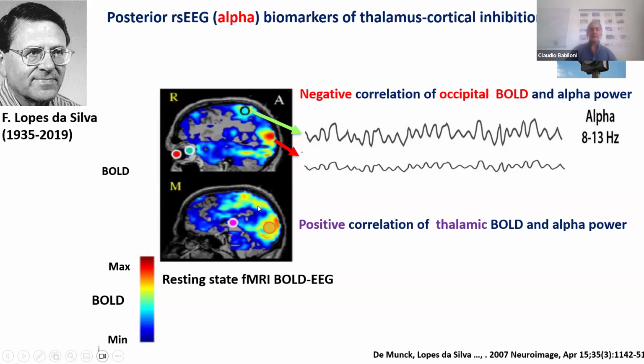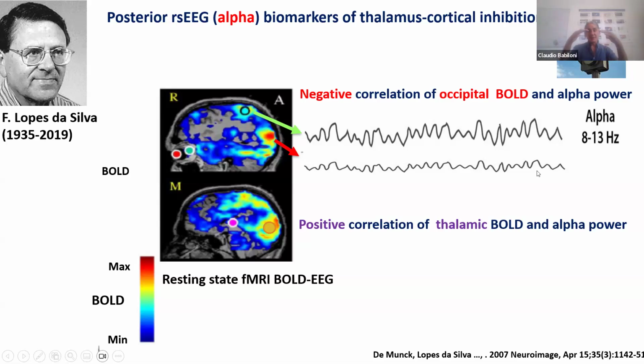And so you see that in the two slices, there is a certain activity of the posterior visual cortex. And when you have the maximum activity in the occipital cortex, as revealed by BOLD, you have typically low amplitude alpha rhythms in the EEG.